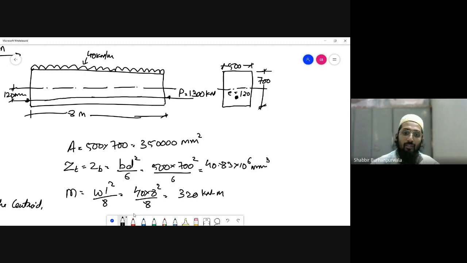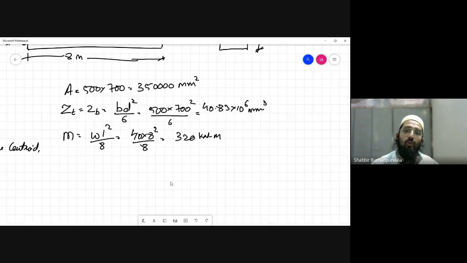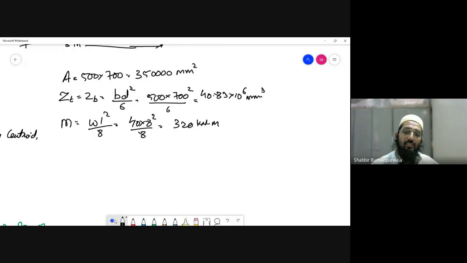The value of the other essentials we'll just note down over here. Eccentricity is equal to 120 mm and force is equal to 1300 kilonewton.